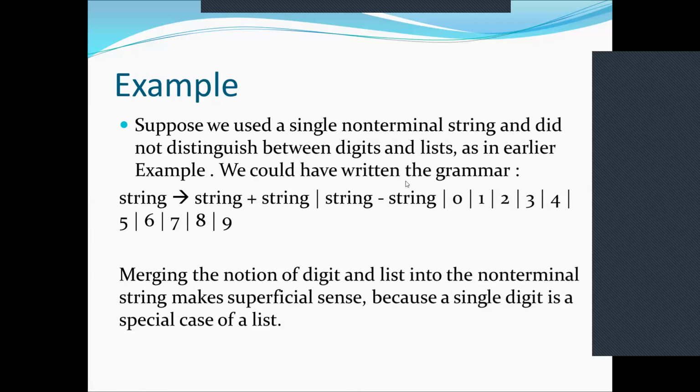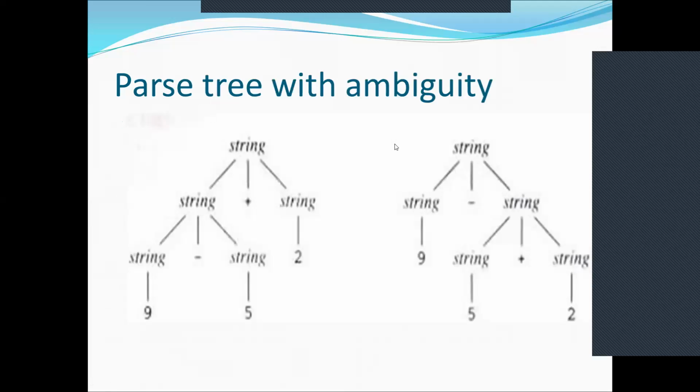Now we'll see the parse tree with ambiguity, how it happens. We had 9 minus 5 plus 2, right? This is the one we have already done. Now the ambiguous tree, you can see. Here what comes? First 9, then minus 5 plus 2.